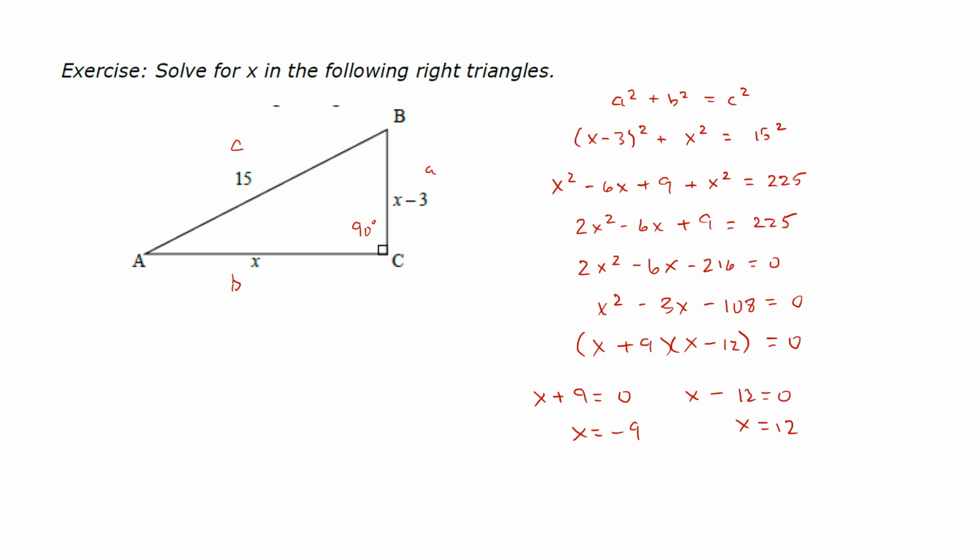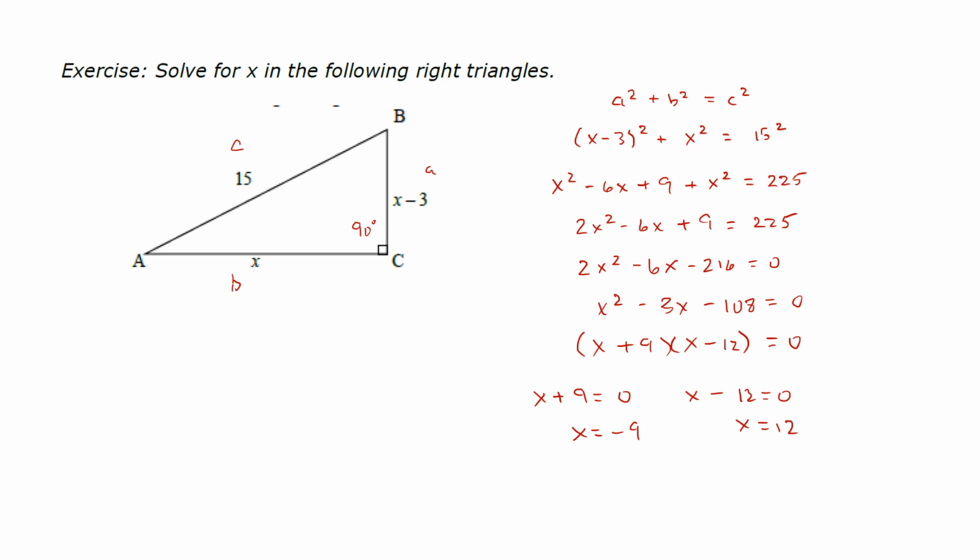Now, if I were to substitute negative 9 into each of the expressions for the legs, I would get negative 9 for B, and I would get negative 12 for A. Now, when you're speaking of lengths, we know that when we need to state the length of something, it's always going to be a positive value.